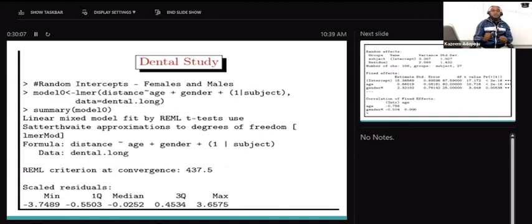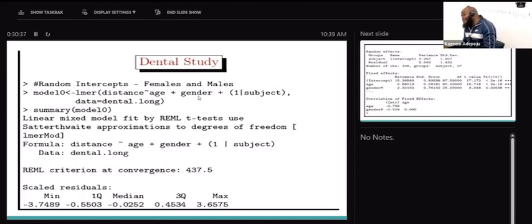Now, what is the difference between this model and the last model we fitted? In the last model, we only focused on female, but right now we're focusing on everybody. And because we're focusing on everybody, we need to introduce another explanatory variable that we call gender. Can you see that gender now, right?